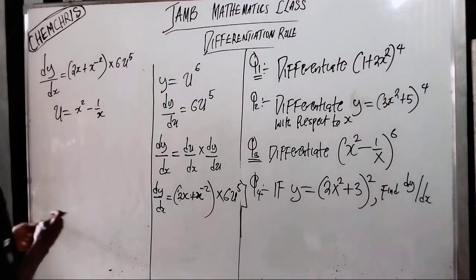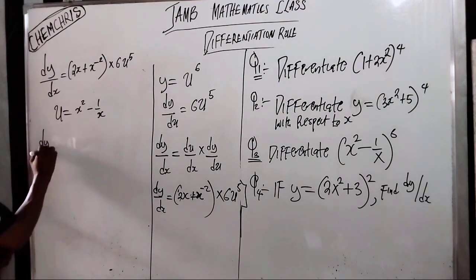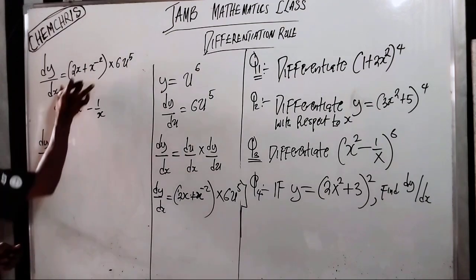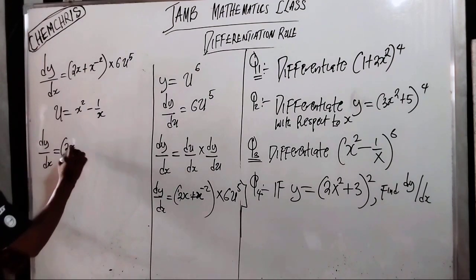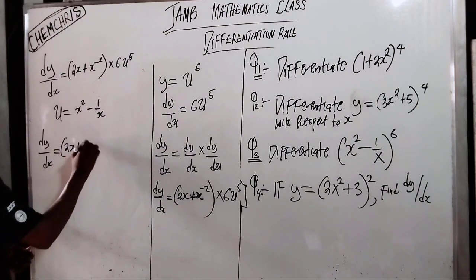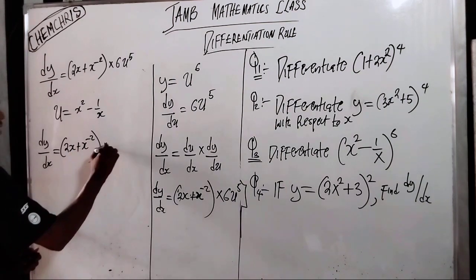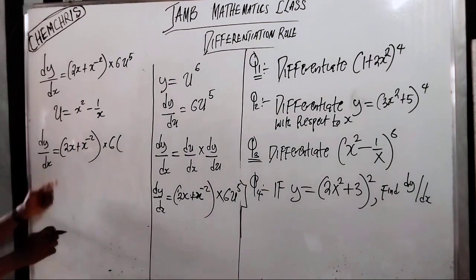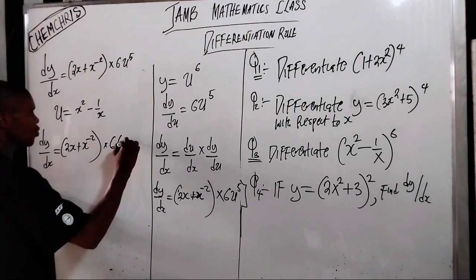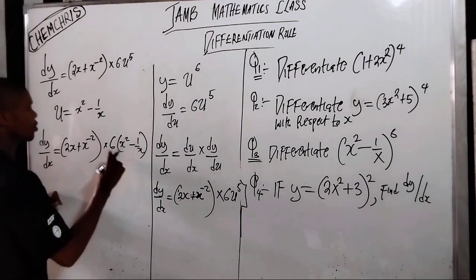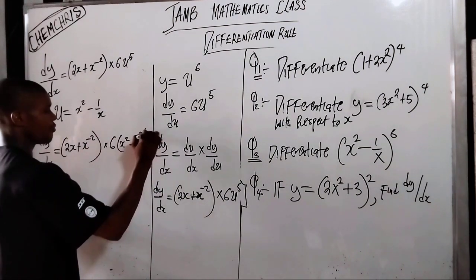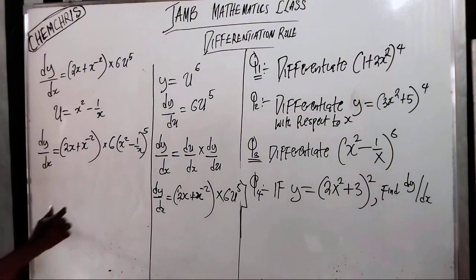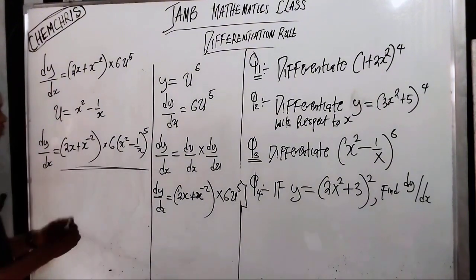So let's replace it here. So here we have dy over dx equals 2x plus x raised to minus 2, times 6 times (x squared minus 1 over x) raised to 5. That is it.